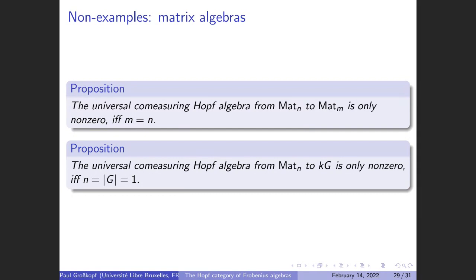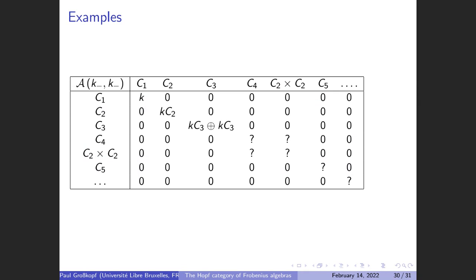So these are a lot of conditions on what shouldn't work, but I was able to calculate at least 3 examples, and they're in this diagram. If I look at the co-measuring algebras from one cyclic group to another, then in size 1 this is just the base field.